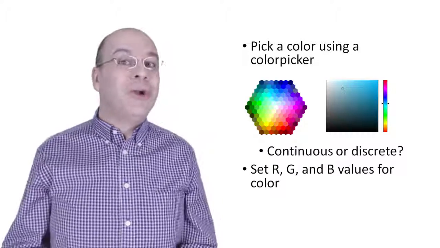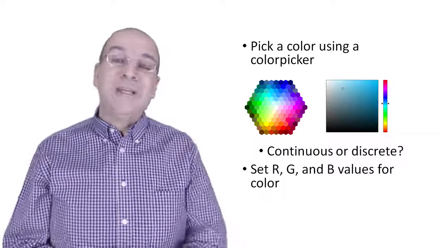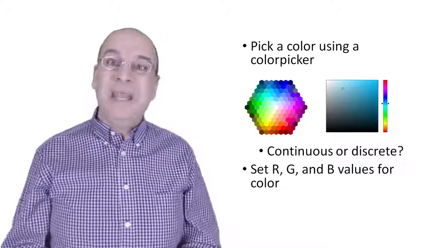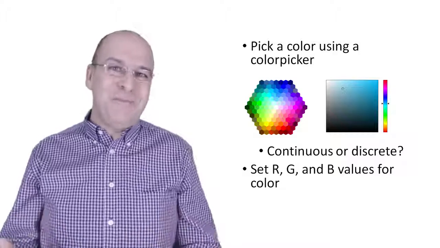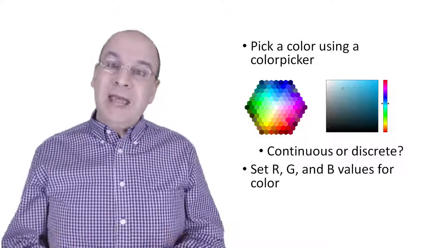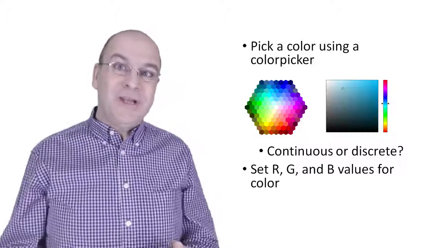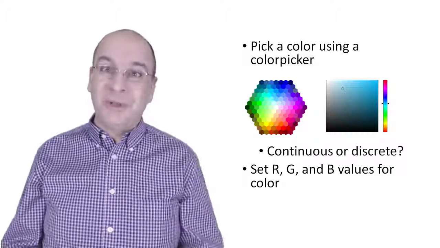What about if we represent color using RGB values, red, green, and blue? So the typical thing that you will see in Photoshop or Paint.net, or pick your favorite paint program, is red has a value from 0 to 255. And green has a value from 0 to 255, and so does blue.